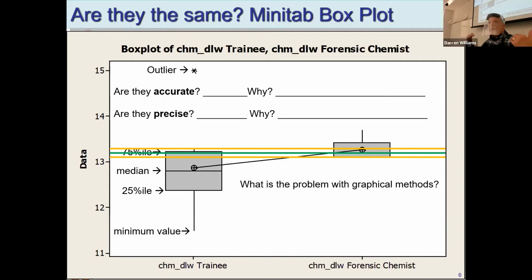And so once again, a graphical method, very quick to interpret. Okay. I don't think that the trainee has great accuracy because that true value is right at the edge of the box. It's not in the middle of the box. It's nowhere near the median. In the middle of the box is the mean. So the little connected line is connecting the means, and the median is drawn as its own line inside the box.